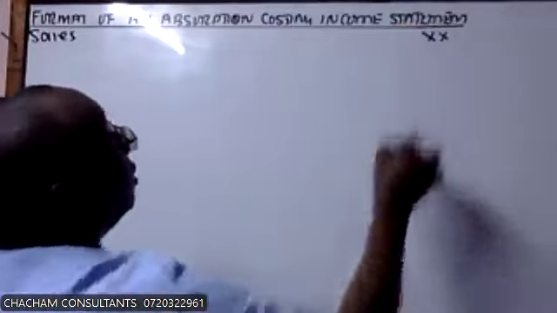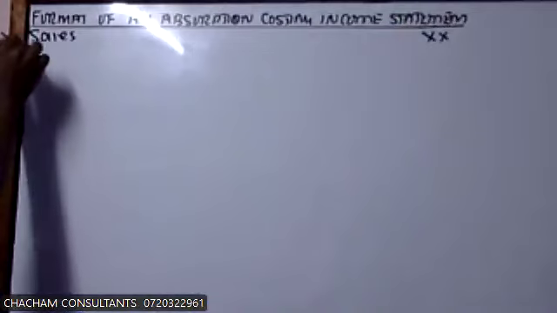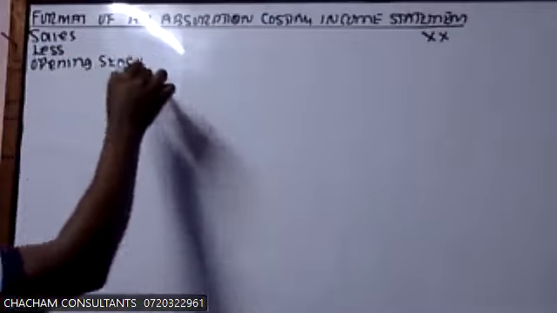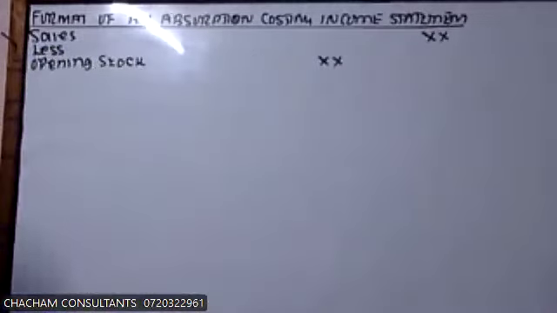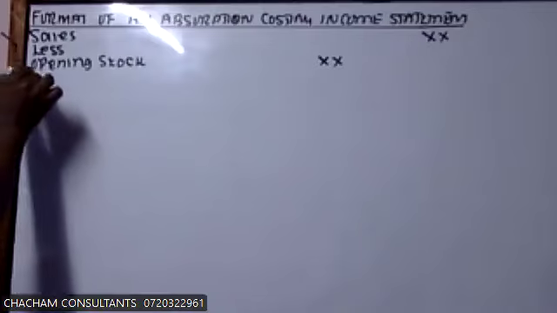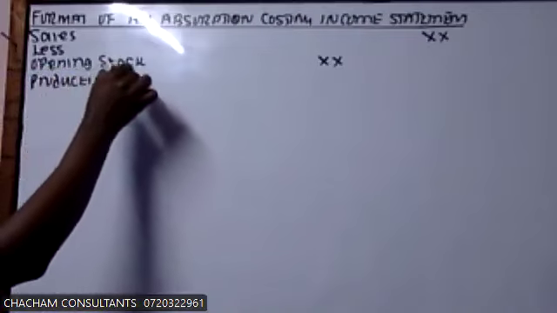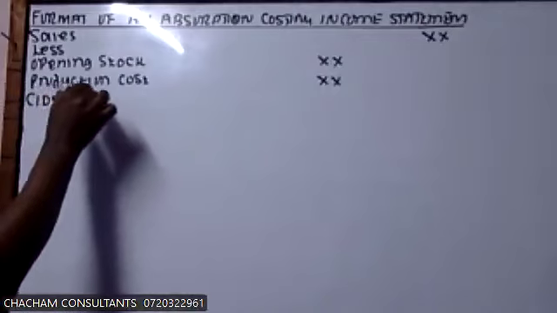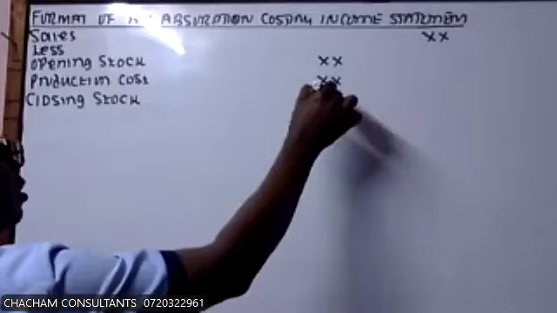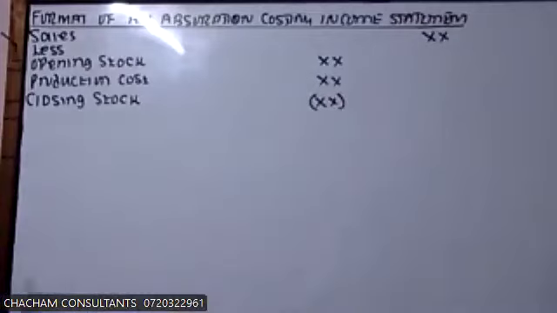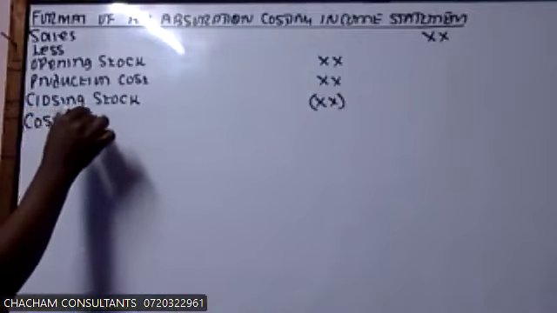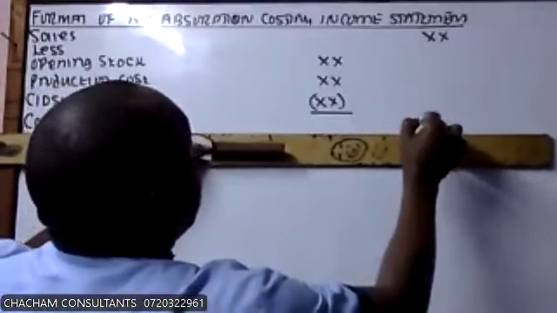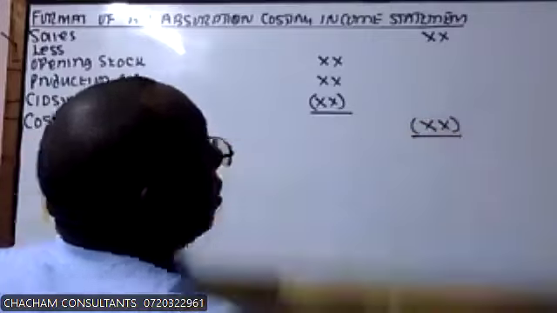Then you say less opening stock, plus production costs, less closing stock. You get cost of sales.